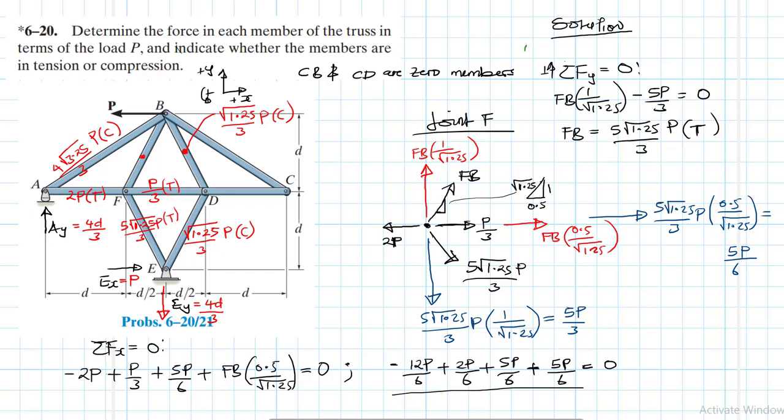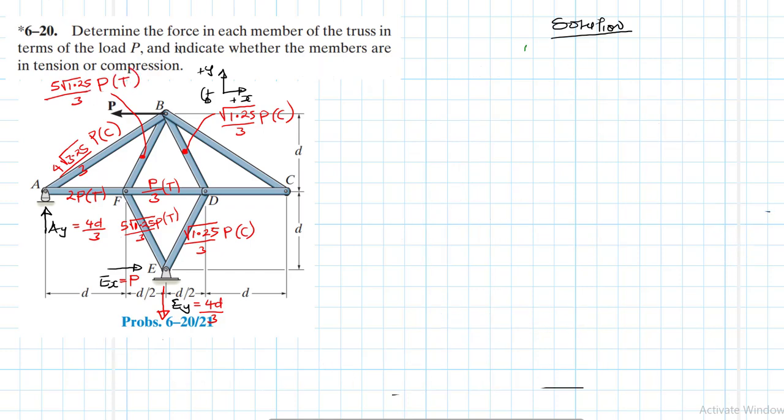And therefore this one here is equal to what we found, 5 root of 1.25 P divided by 3, and is in tension, and this one is in tension for all the members.